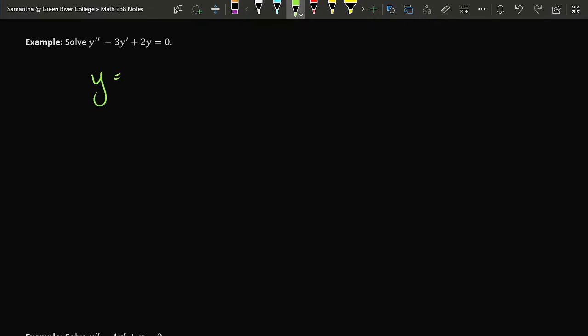So I'm going to guess that a solution has the form e to the rx. And I'm going to then figure out what y prime and y double prime would be based on that guess. Well, for y prime, a single copy of r would come down. For y double prime, 2 copies of r would come down.